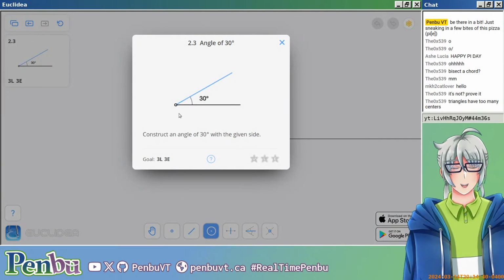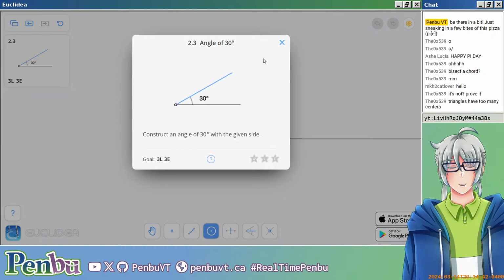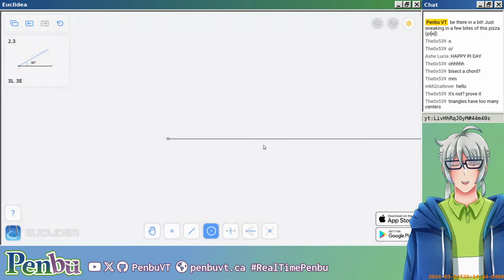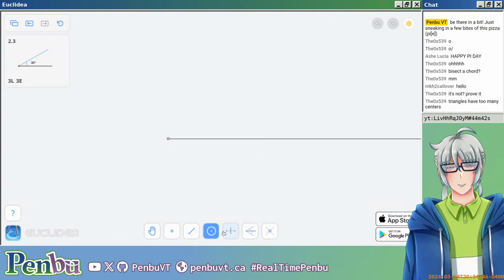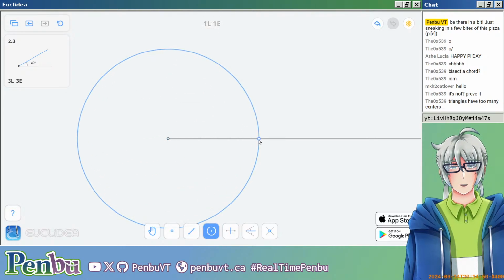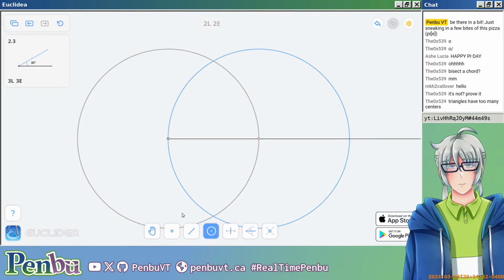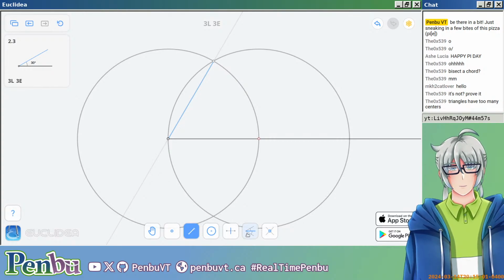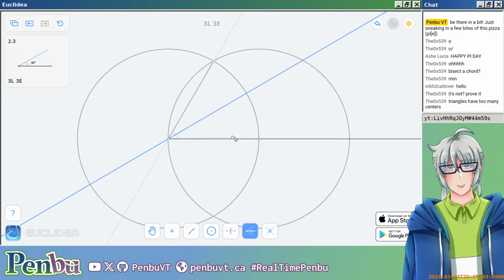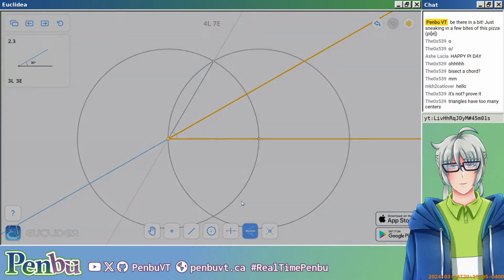Angle of 30 degrees. Construct an angle of 30 degrees with a given side. So as we discovered before, an equilateral triangle does have an angle of 60 degrees. And so we can draw a line from here, and this is now a 60-degree angle. And we can bisect that to get 30 degrees.